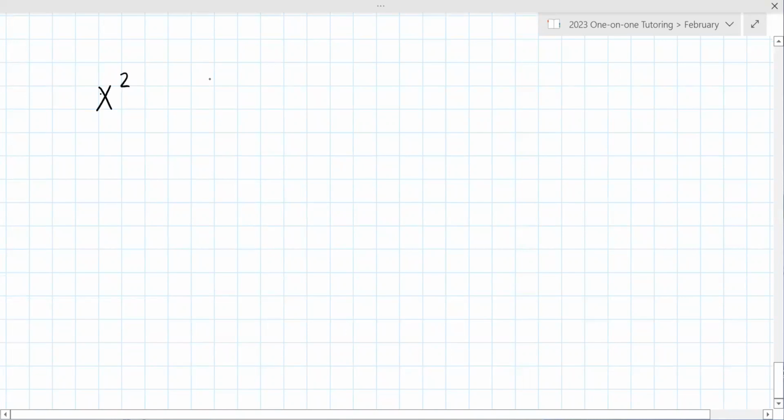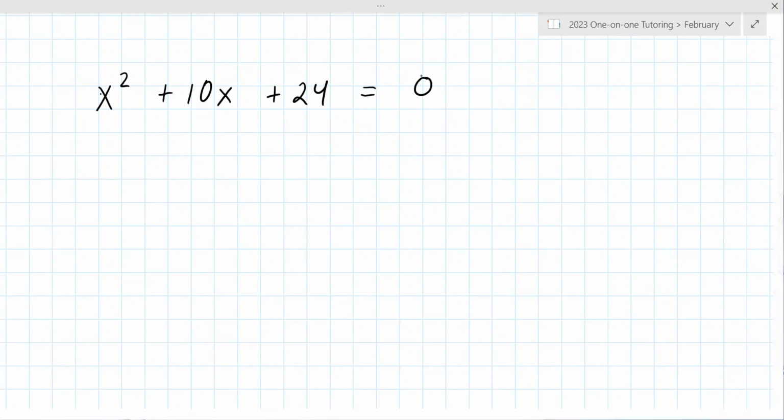Let's go: x squared plus 10x plus 24 equals 0. You first.